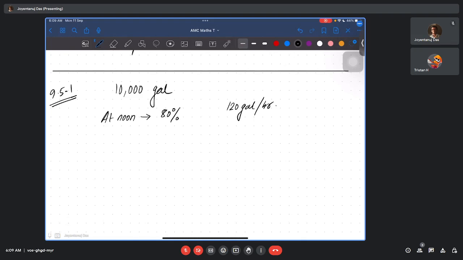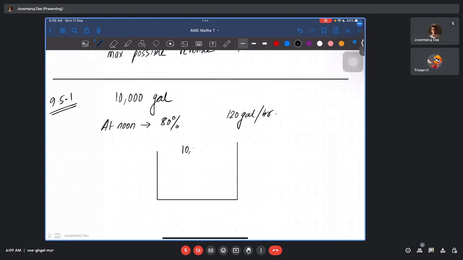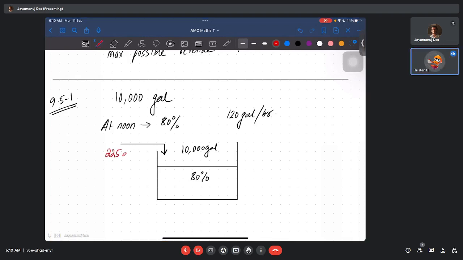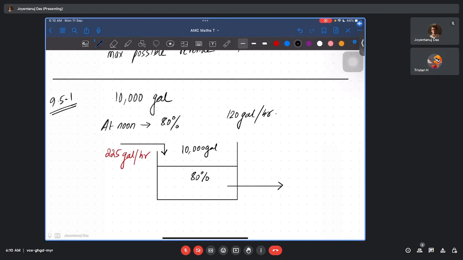Okay, so here you have a pool. So total capacity is 10,000 gallons, but it is 80% full. So water is coming in at the rate of 225 gallons per hour, and the water is leaking out at the rate of 120 gallons per hour, right?